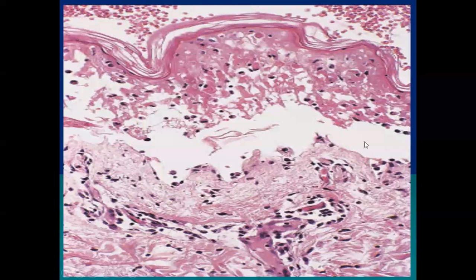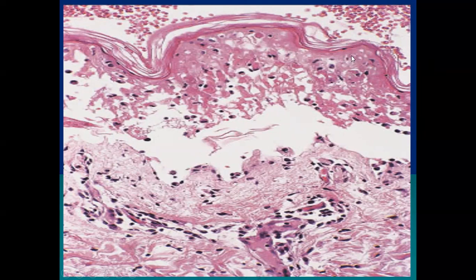Now this is the advanced form of erythema multiforme, that is Stevens-Johnson syndrome or TEN. You can find a large subepidermal split. The floor of the split is made up of dermal papillae. There are no basal cells attached to the dermal papillae, while the epidermis loses its definition.